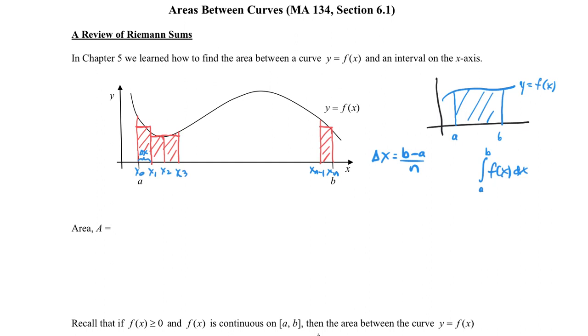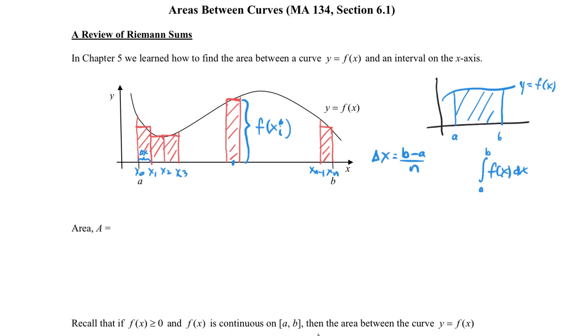And let me just draw a typical rectangle in here, which we'll use. Again, if I use the midpoint for this one, we would have this rectangle here, and we're looking for the area of this rectangle. So this distance here would be f of, let's say, x sub i star, because it could be any sample point.